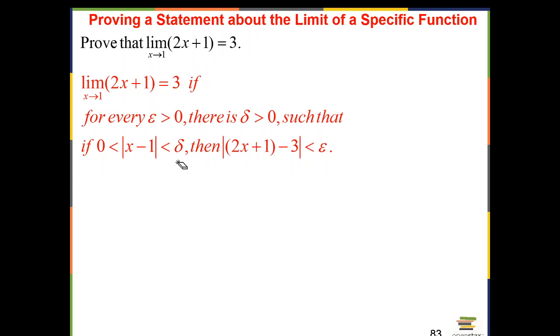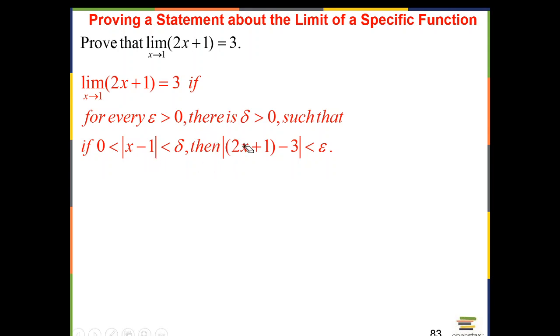Now to prove this, we can either start from the left and say, if we have this, then we're going to have that. But that's kind of hard to do because you don't have enough material to work with here. Here you have more material to work with. So instead of starting from this and coming up with that, we're going to start with this and get this out of it.